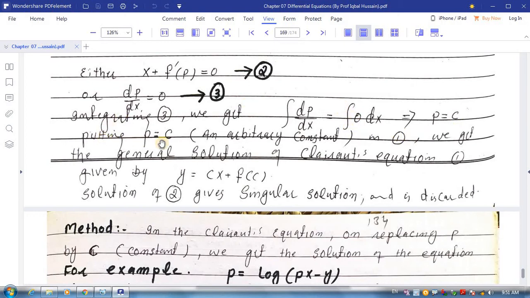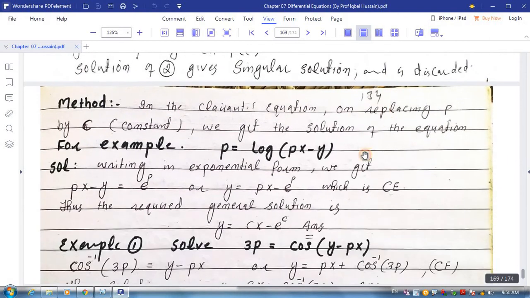Putting p is equal to c in equation number 1, which is Clairaut's equation, we get the general solution of Clairaut's equation 1, given by y is equal to cx plus f of c. This is equation 2. The solution of 2 gives the singular solution and is discarded.